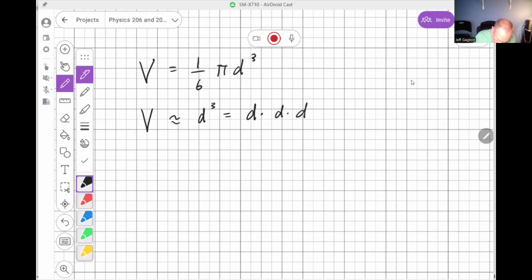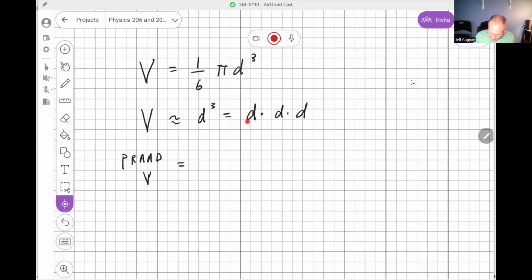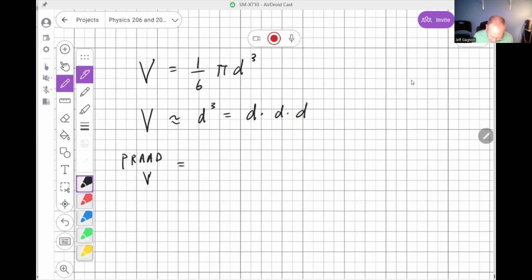And remember, the rule is if I want to calculate prad for the dependent variable, in this case the volume, and I have a bunch of variables that are multiplied together or divided, in this case they're multiplied, then I have to add these respective prads. So basically what you're doing is just adding the prad for diameter three times.